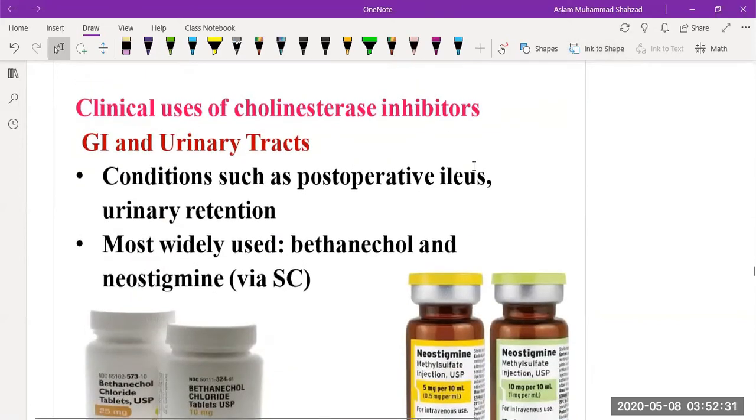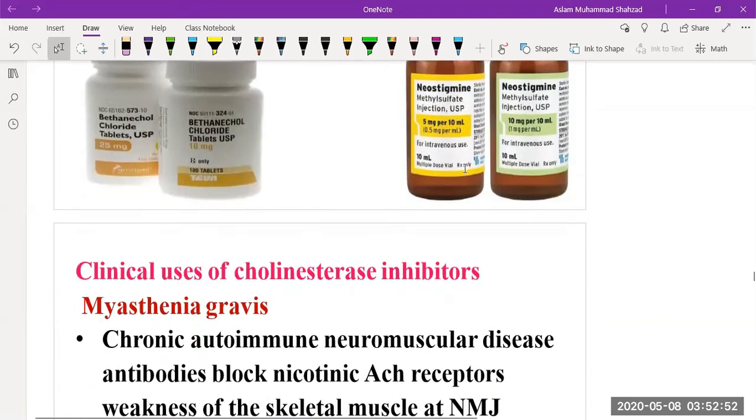The clinical uses of cholinesterase inhibitors in the GIT tract are post-operative ileus and urinary retention. The most widely used drugs are methacholine and neostigmine via subcutaneous route.